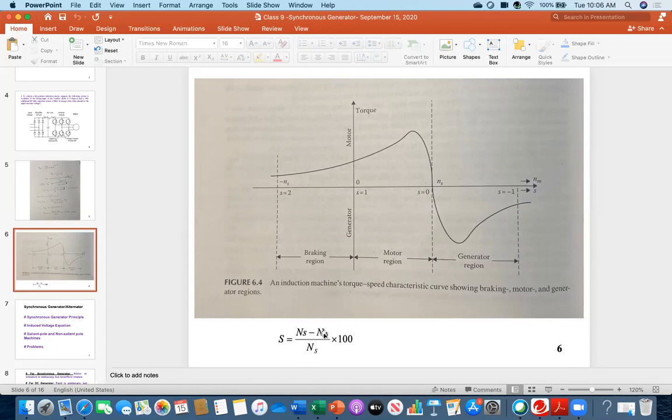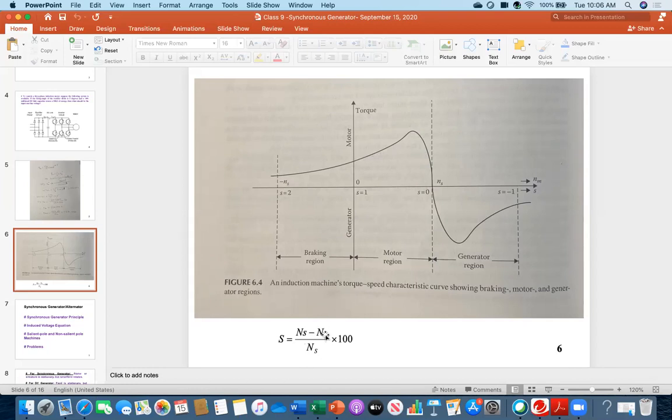You must allow some slip, in both generator mode and motor mode. That's why torque was increasing. At some point, this is called the maximum torque or the pull-out torque. After that it falls down, and at this point, when both speeds are the same, it is 0.